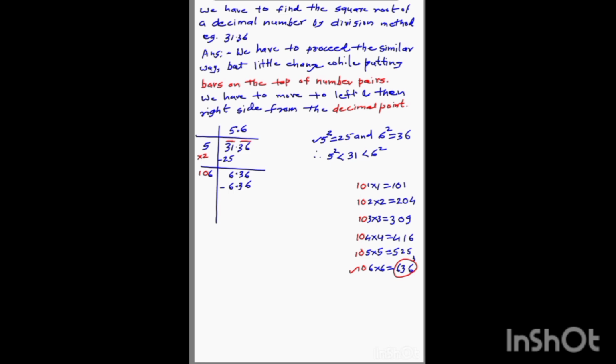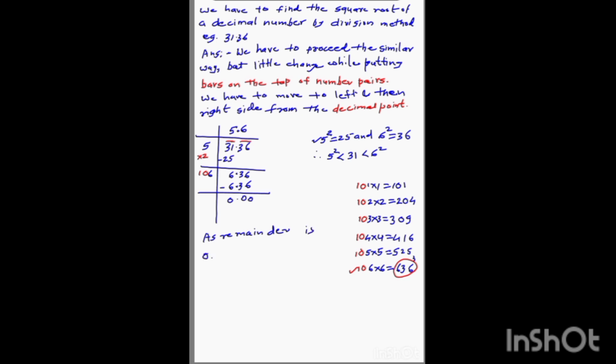This comes because the point is already there, and subtract it, 0 0 0. The moment you get 0, that means the original number, in this case 31.36, is a perfect square, and we will have a perfect square root also.